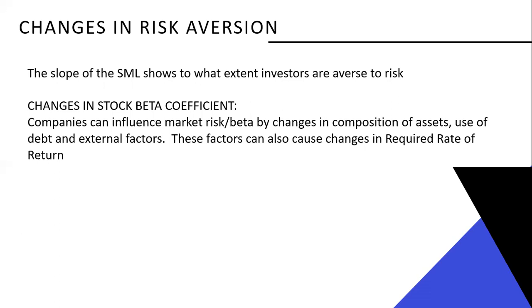But it is important to mention that whether you're using debt or equity, and the composition of assets that a company has, also influence and cause changes in beta as well. So just remember that beta is impacted by the composition of assets, meaning debt or equity and things like that a company has.